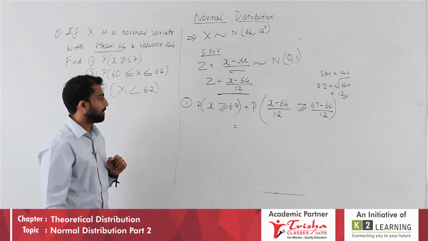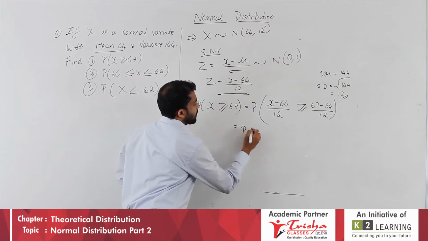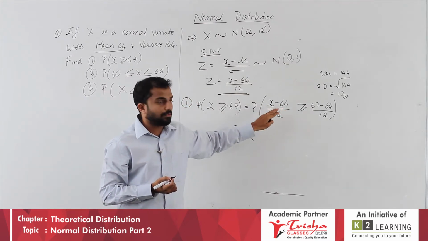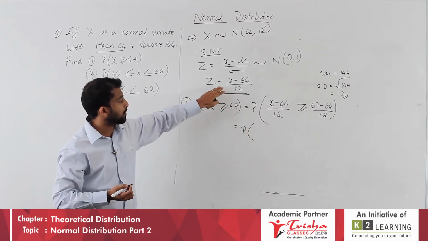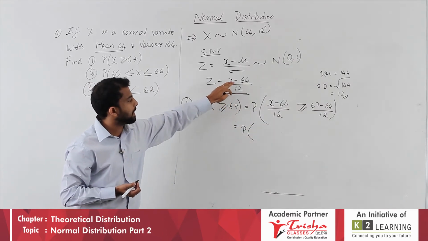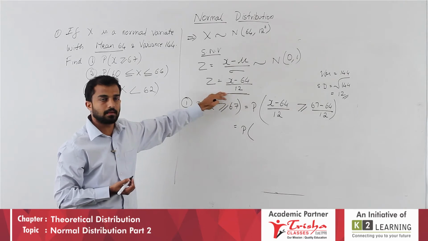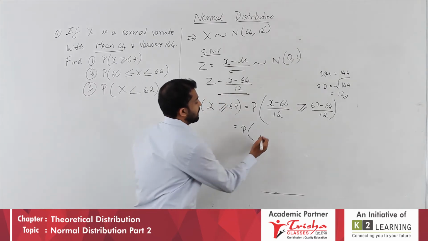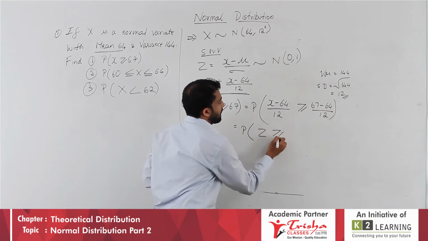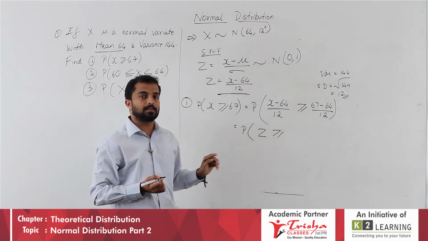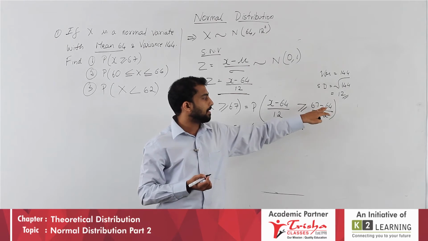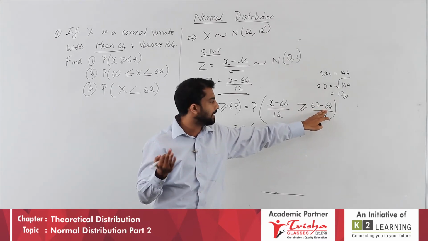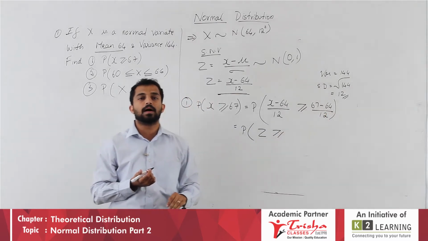Next step, probability of, what is x minus 64 by 12? Look into the previous part here. X minus 64 by 12 is nothing but z, or the standard normal variate. So, write it there, z greater than equal to, simplify this, students, 67 minus 64 is equal to 3. 3 divided by 12.